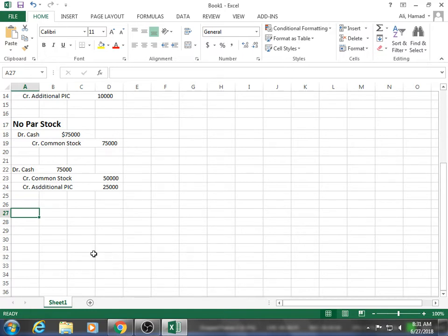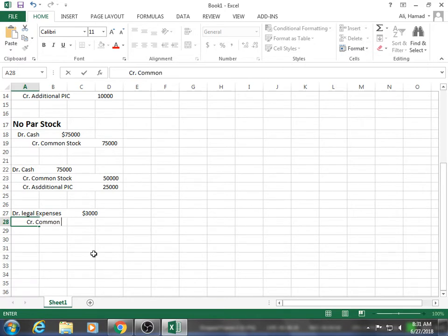So we're going to debit legal expenses $3,000, and we're going to credit common stock.